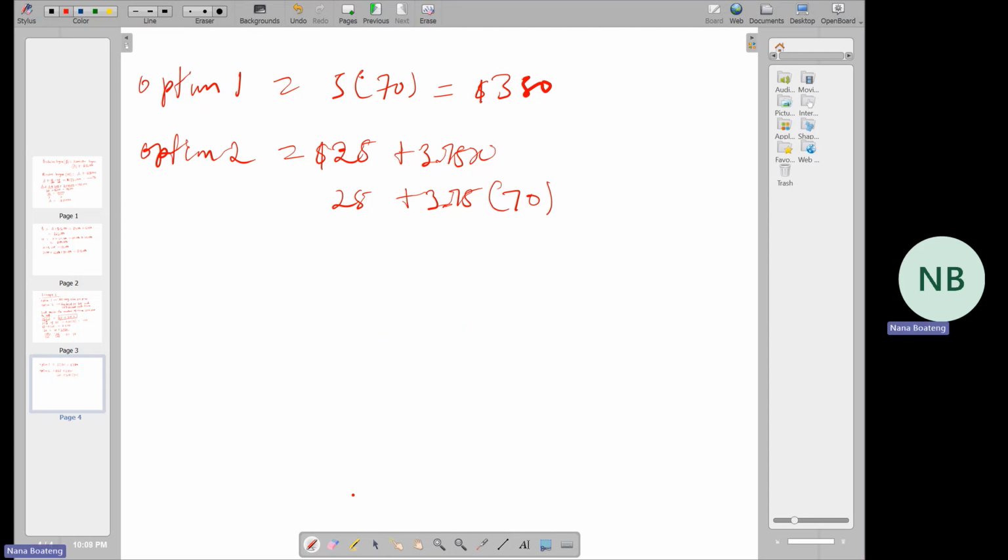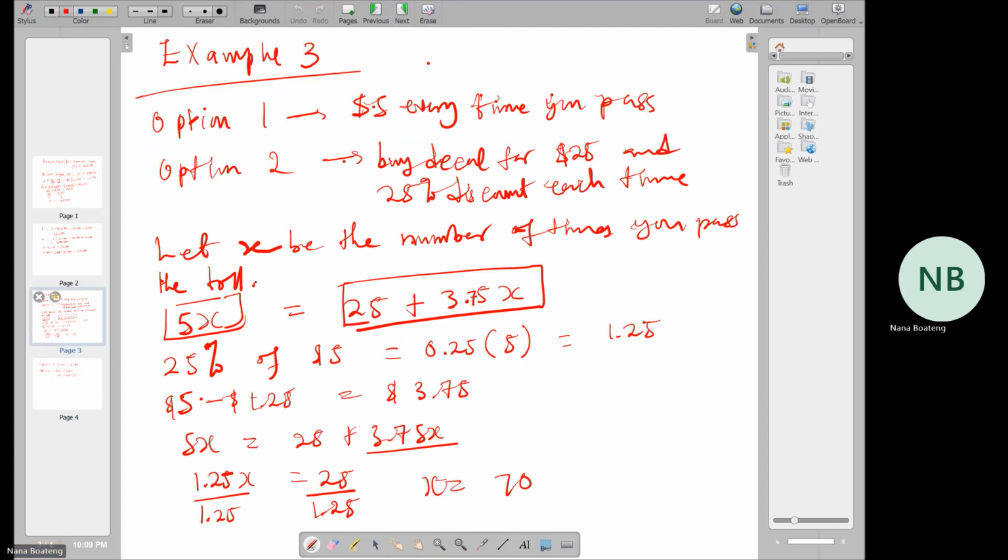Let me see. Let me check this again. 25 divided by 1.25. Oh, okay, yeah, so I made a mistake here. This is actually equal to 20, not 70.